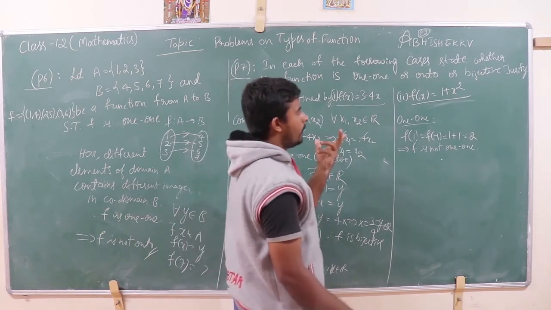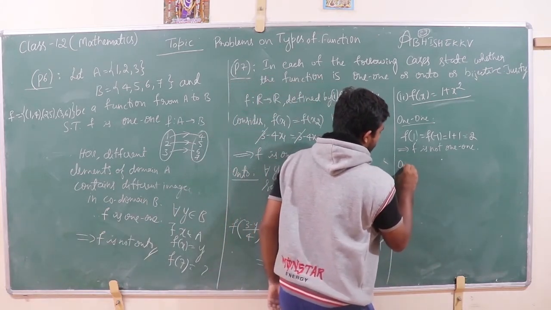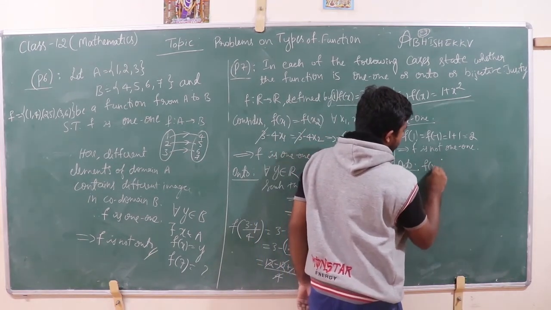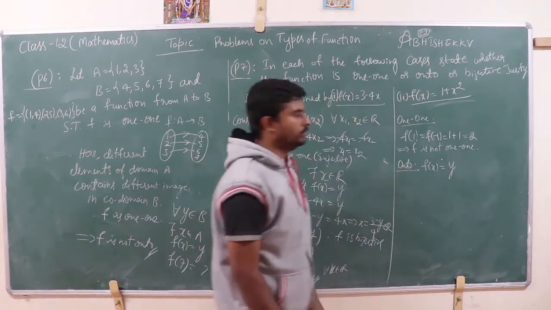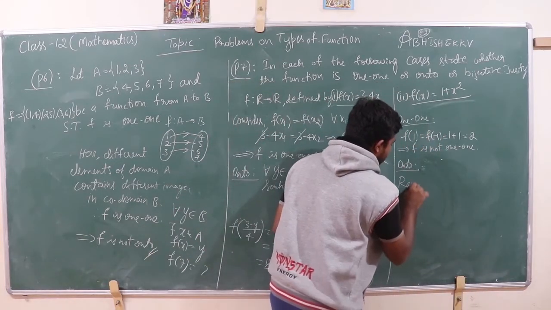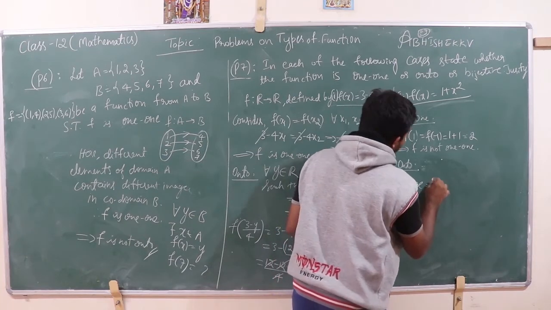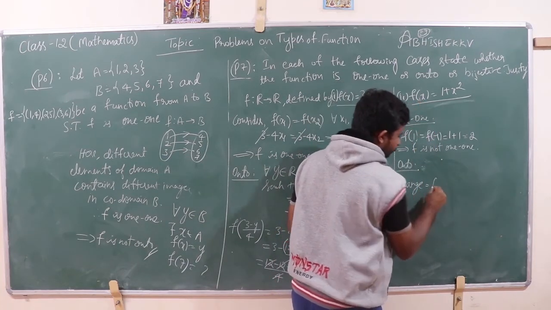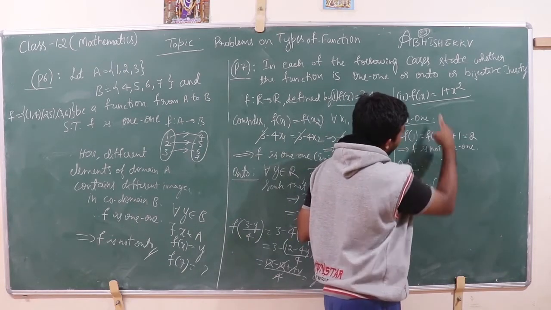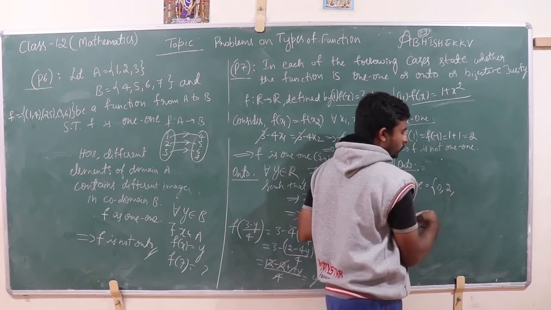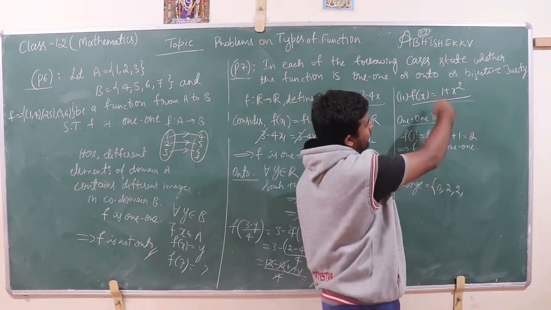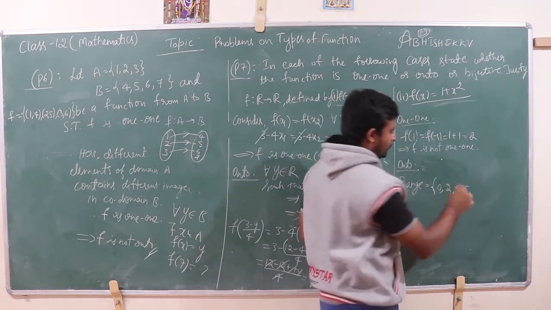Fine. Then what about onto? Consider f of x is equal to y, or consider the range. What is the range? f of 0 is 1, f of 1 is 1 plus 1 whole square, 2. f of minus 1 is again 2. f of minus 2 is 1 plus 4, 5. f of plus 2 is 5.